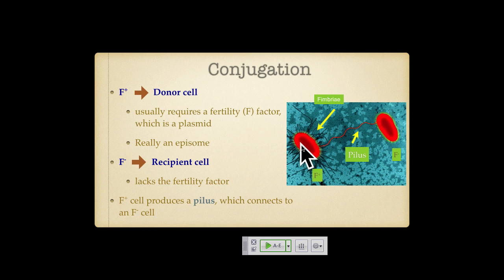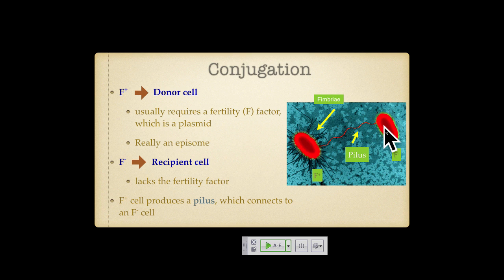Among the genes on that plasmid are the proteins necessary to make these fimbriae. They basically create this pilus. This is a hollow protein tube that literally connects the donor cell, the F plus cell, to the recipient cell, and there's going to be a physical transfer of DNA from one cell to the other. Now here's the key point, and it should show up in the next slide or two. Only one strand of the double-stranded DNA is going to get transferred.